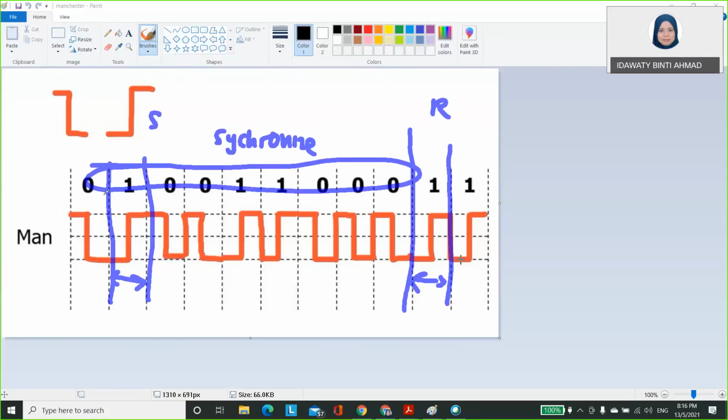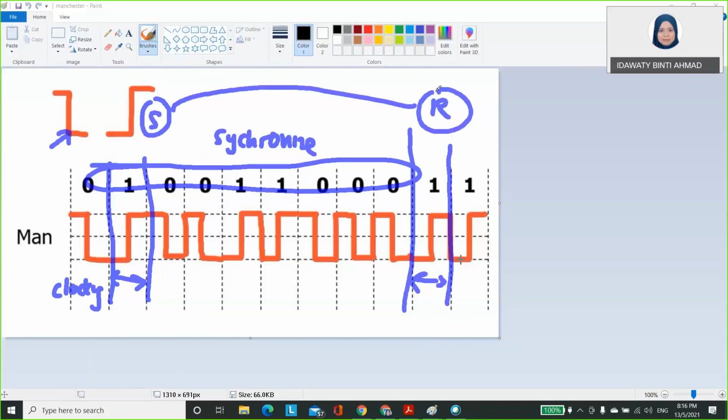The data itself is important, but the clocking part is also important in line encoding, so that whatever the sender produces will be sent to the receiver. You cannot have a sender with a very fast clocking and a receiver with a very slow clocking. You must have the same pace.